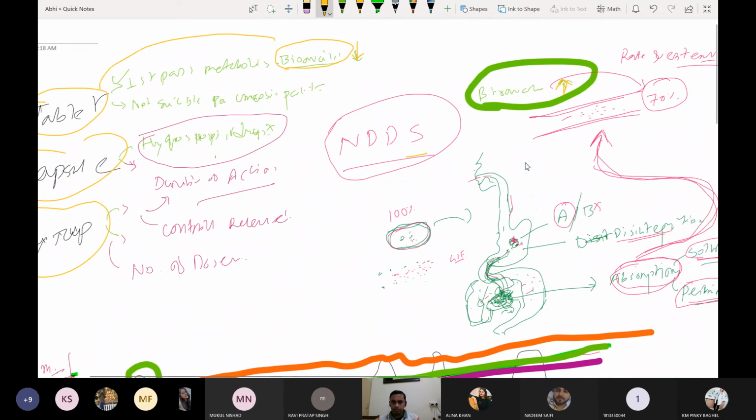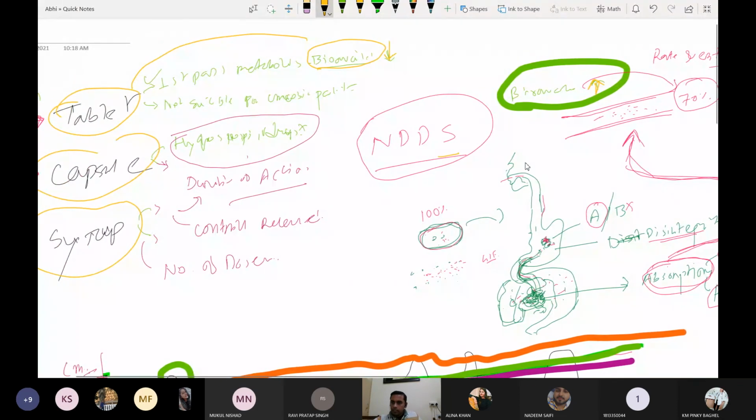You have taken one drug molecule. In this case, you are getting 70%. In many cases, like a drug like tadalafil, you will get bioavailability of only 30%. So it's a problem. 30% bioavailability is very low. If you take 100% tadalafil orally, after proper absorption it will give bioavailability of only 30%.